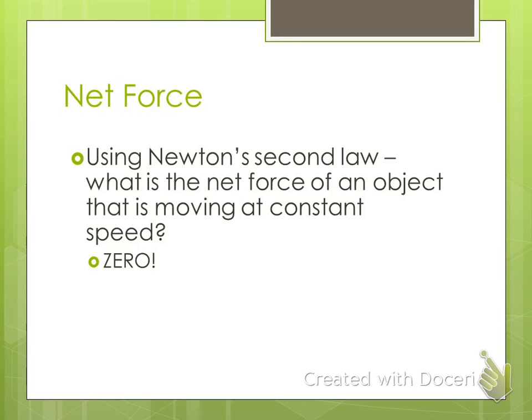Okay. So we already talked about the fact that something moving at constant speed has a net force equal to 0. When something's moving at constant velocity, F net is equal to 0. But now you can see why, using Newton's second law. F net equals mass times acceleration.